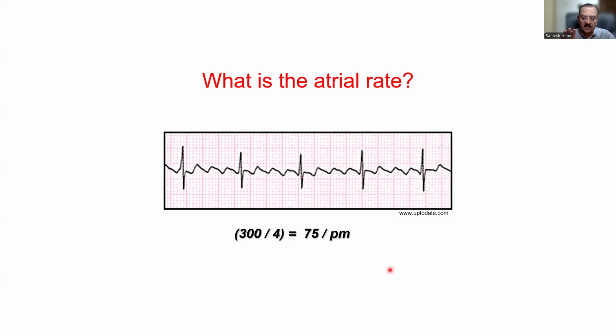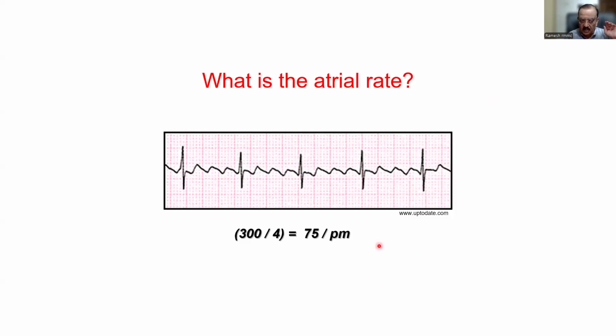So what I mean to say is, when you are calculating heart rate, you are meaning ventricular rate. That means there should be one P wave followed by one QRS. Then it is enough if you say the heart rate is 75, 100.